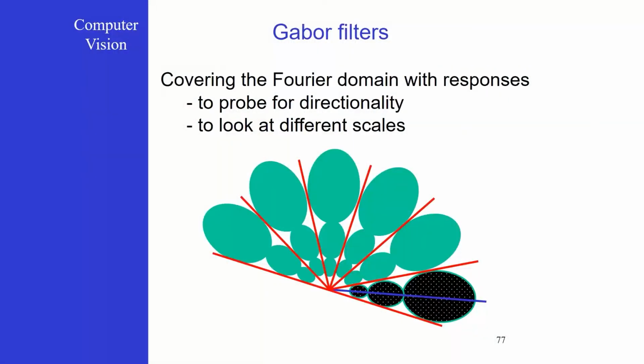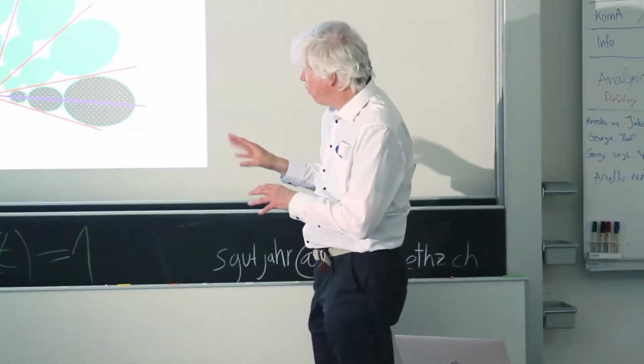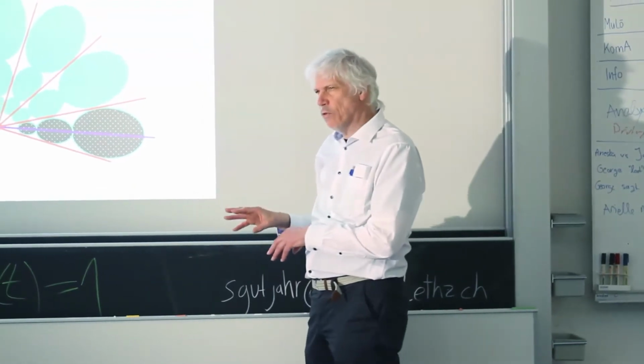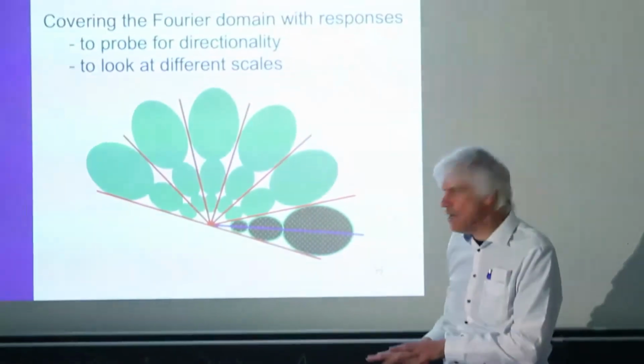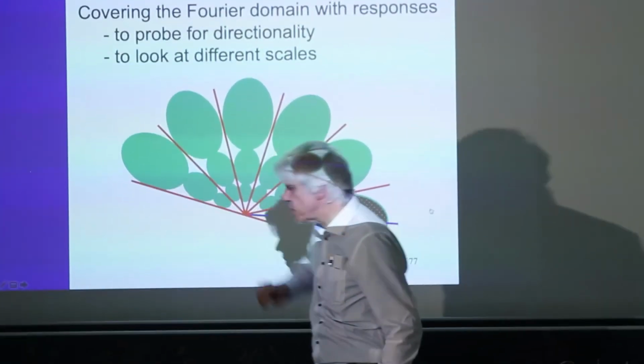And of course in the spatial domain we have the corresponding Gabor filters corresponding to these Gaussians in the spatial frequency domain here. And what you see, and that's why we choose in this case the Fourier domain to discuss, is that we try to sample this entire space. Right? You see in different orientations, you have different of these filters.